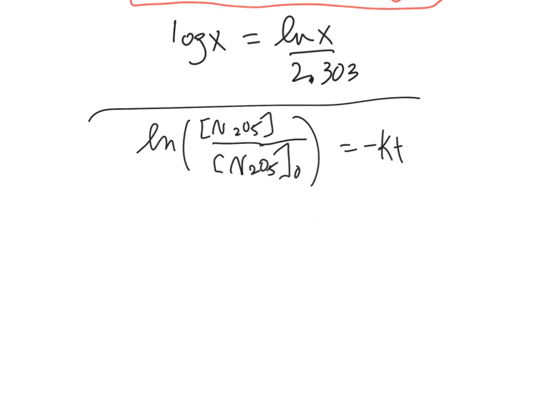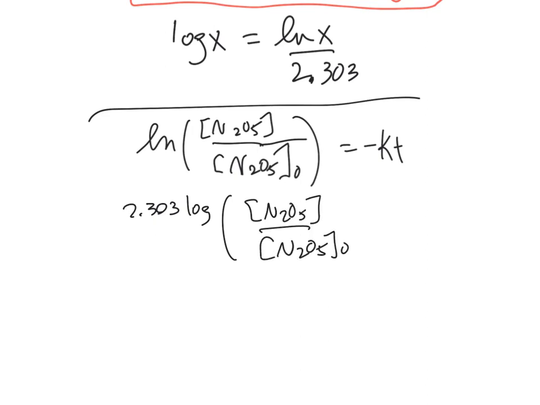Now we're going to substitute the base 10 log x for the base e log x. So the natural log would be 2.303 times the base 10 logarithm of N2O5 divided by N2O5 initial, and that'll be equal to negative kt.